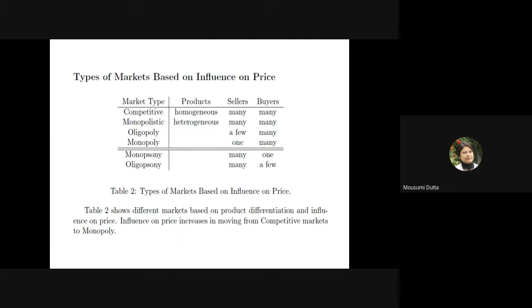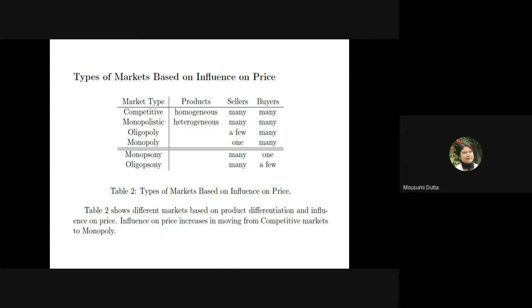The second variety of the market here we will consider is called the monopolistic market, not monopoly, monopolistic market. Products are heterogeneous. However, sellers are many, buyers are many.